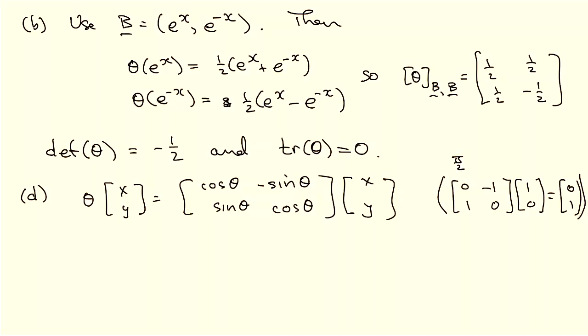And now we can work out trace and determinant. Trace is 2 cosine theta, and determinant is that by that minus that by that, which is 1. Okay. Good. And theta is meant to be alpha, anyway, in the question.